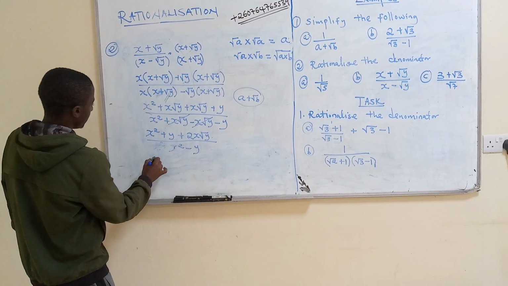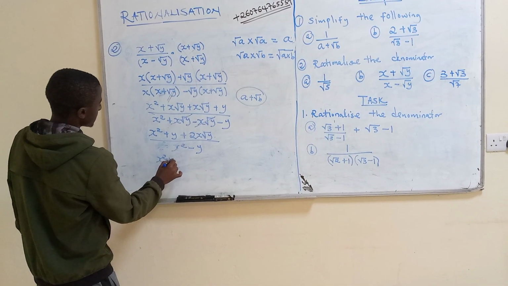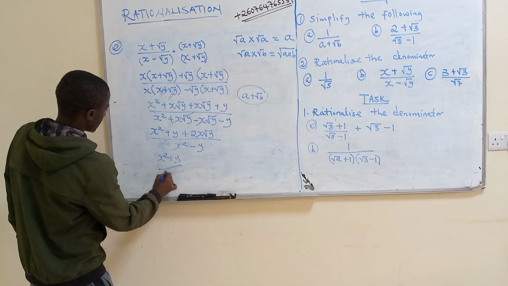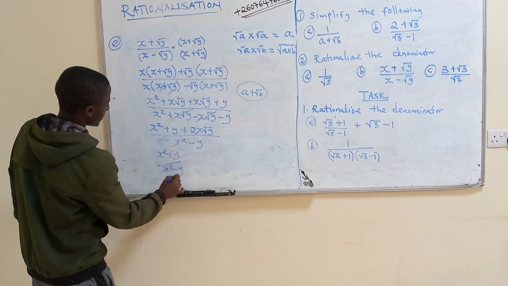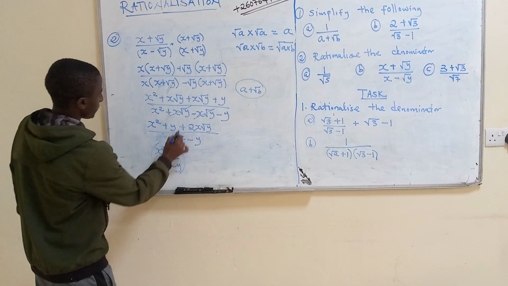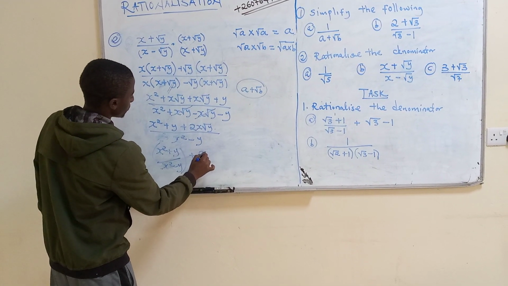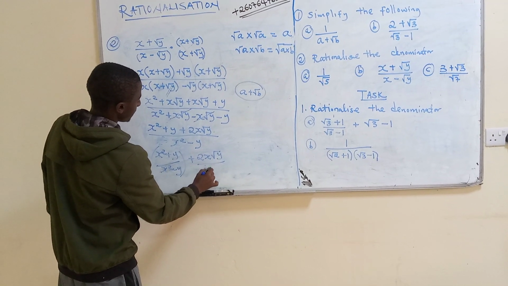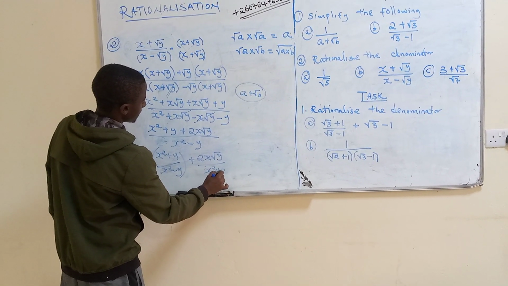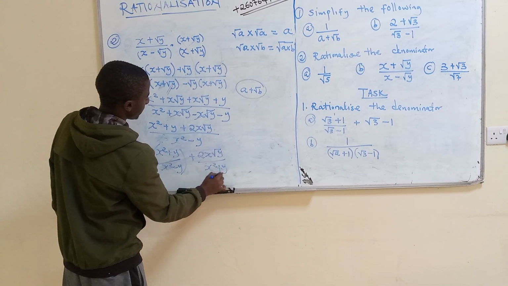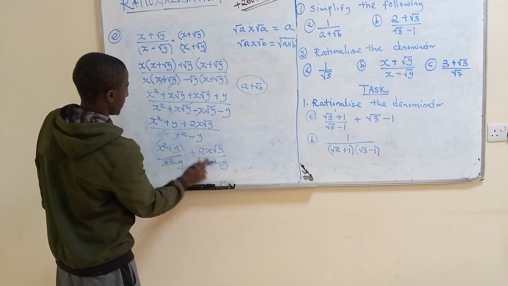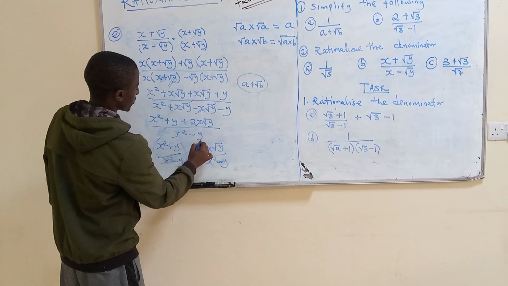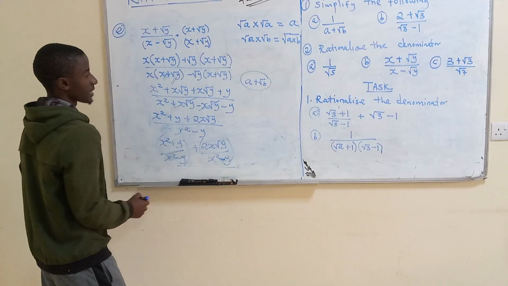So we are having x square plus y over x square minus y, plus 2x square root of y over x square minus y. So this is our final answer.